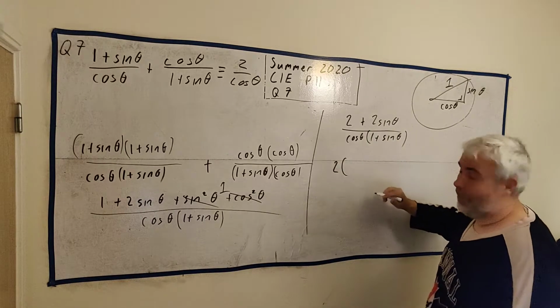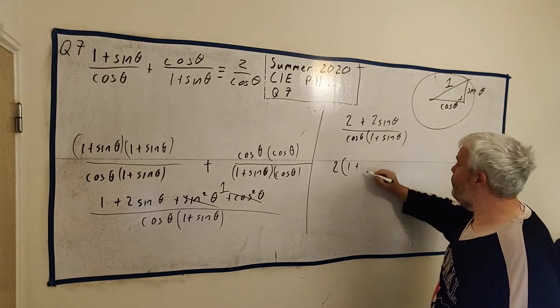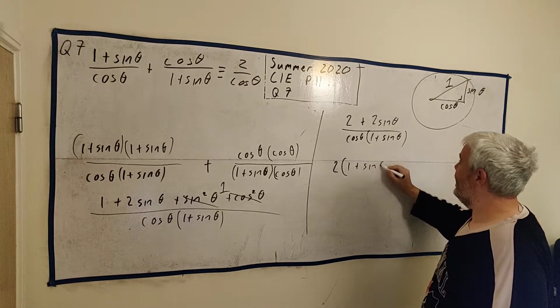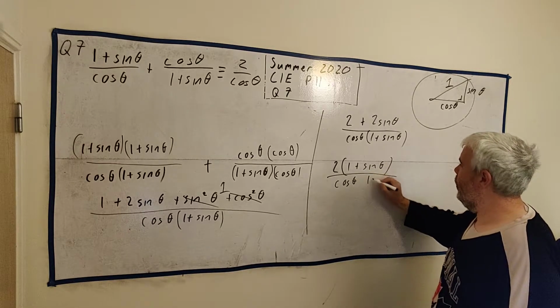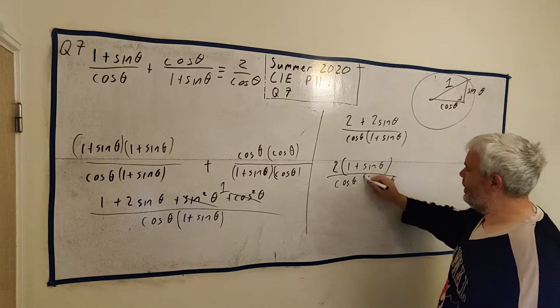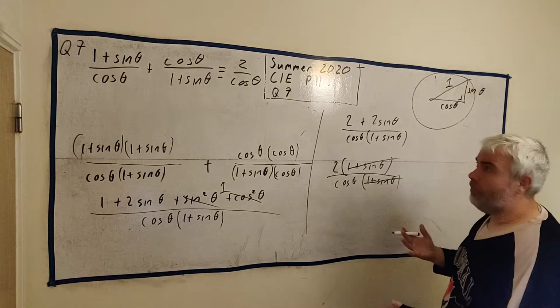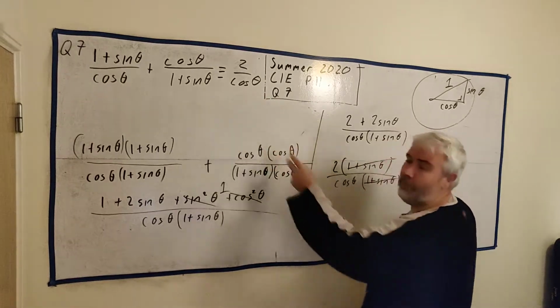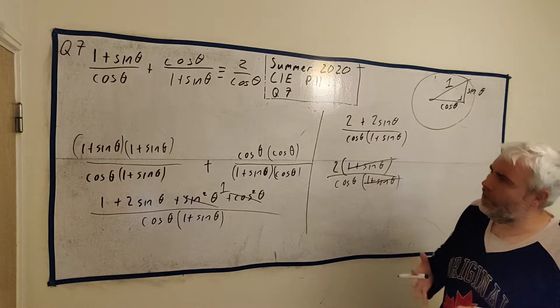We can take 2 out of both of them. 2 comes out of 2 once. 2 comes out of 2 sine theta, sine theta. And on the bottom row we have cosine theta, 1 plus sine theta. The same thing, top and bottom. We'll just cancel them, and we're left with the answer: 2 divided by cosine theta. That's one way to do it. I'm sure there's multiple ways.